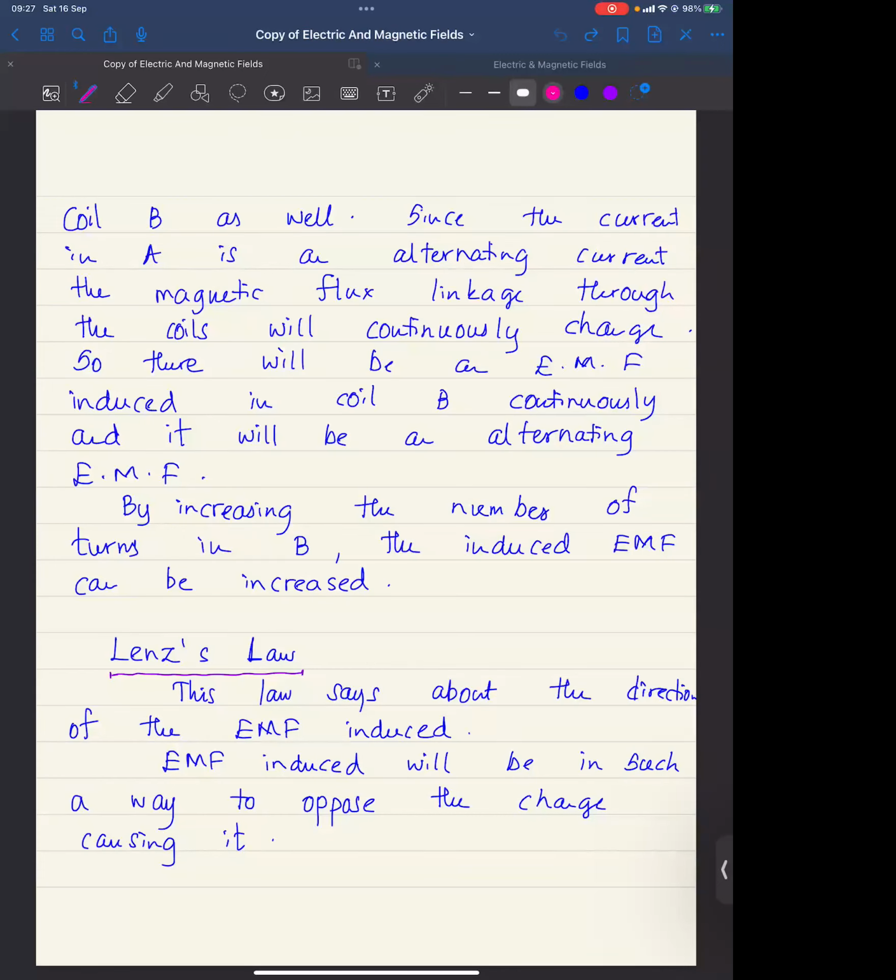Right. Since the current in A is an alternating current, the magnetic flux linkage through the coils will continuously change.